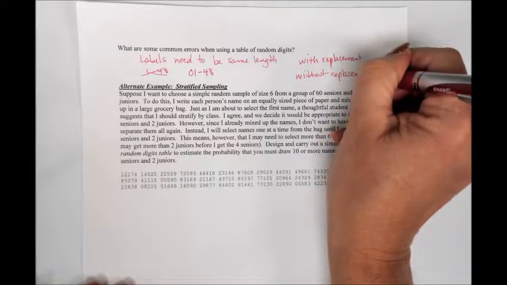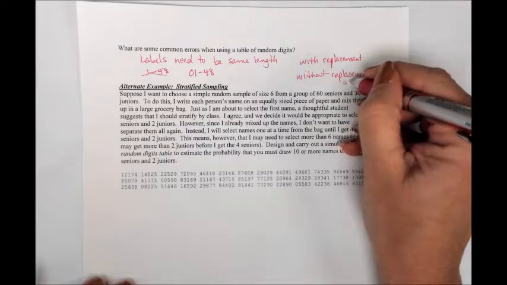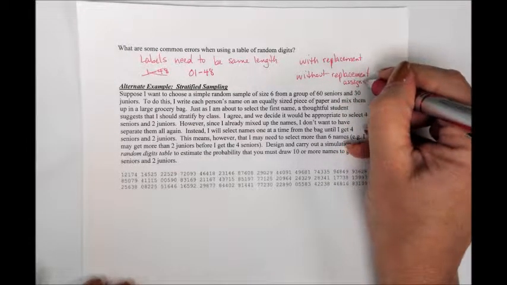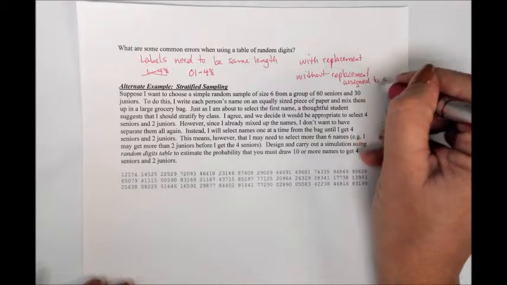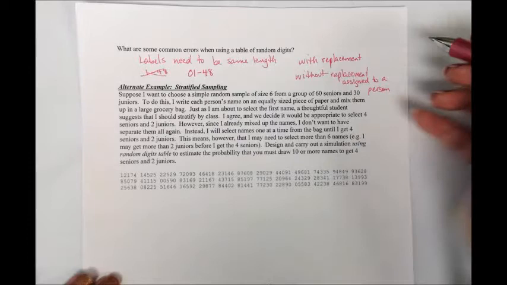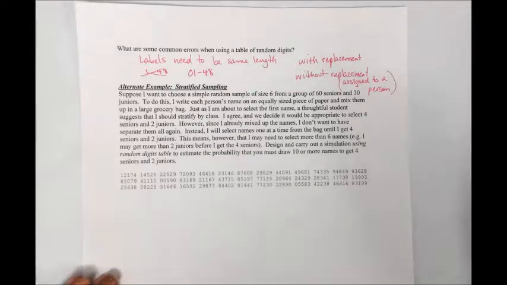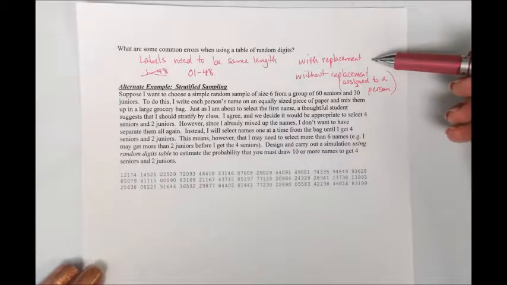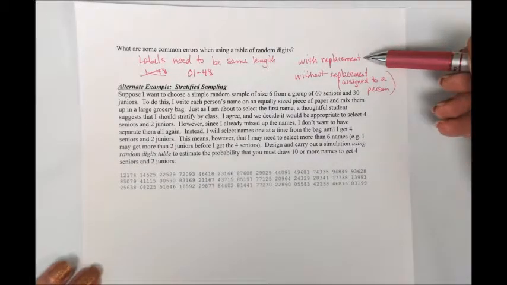So these are usually assigned to a person, is the without replacement. A person or an individual or a subject or something. So without replacement, it's assigned to a person or an object that once I pick it, I can't pick it again. But if it's just representing whether I made or missed a basketball shot, I can have a number repeat again.